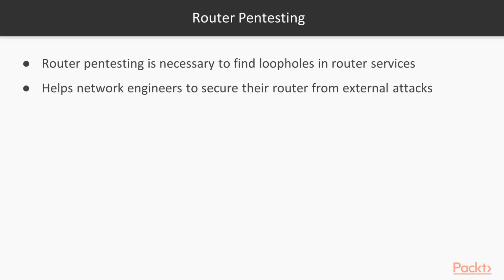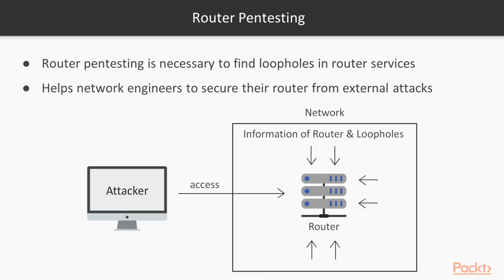First of all, let's talk about router pen testing, what the meaning of router pen testing is. Router pen testing is necessary to find loopholes in router services. For example, if this is the attacker and this is your router, the attacker wants to access the router because the router contains all the services. If the attacker has access to the router, the attacker can manipulate the services.